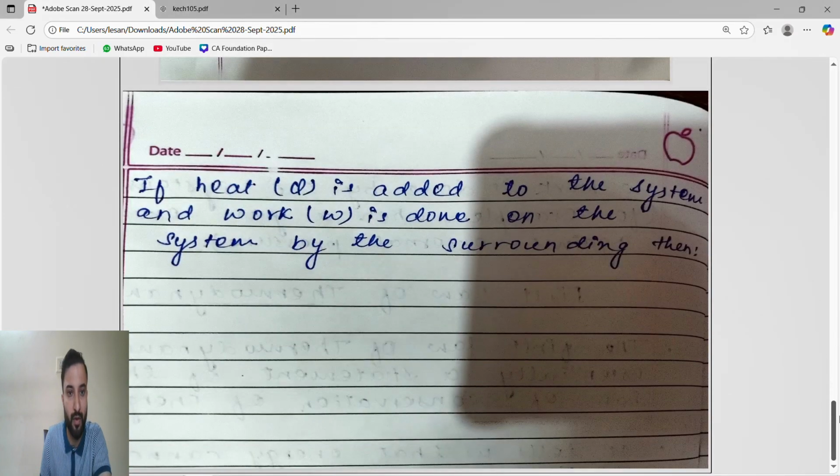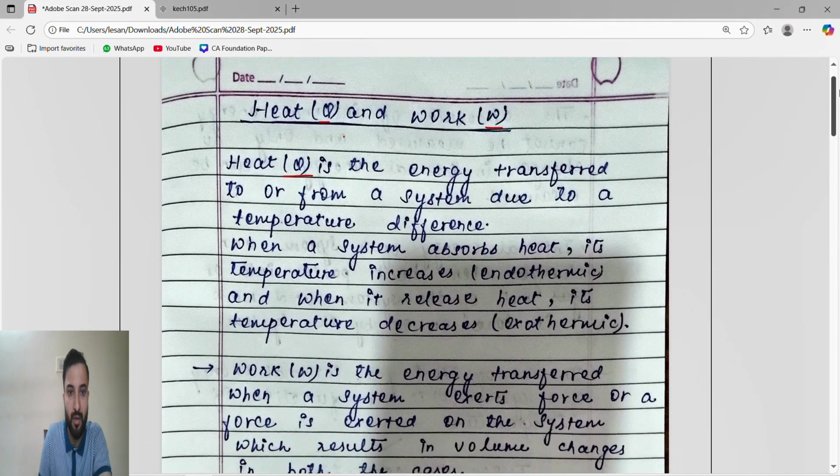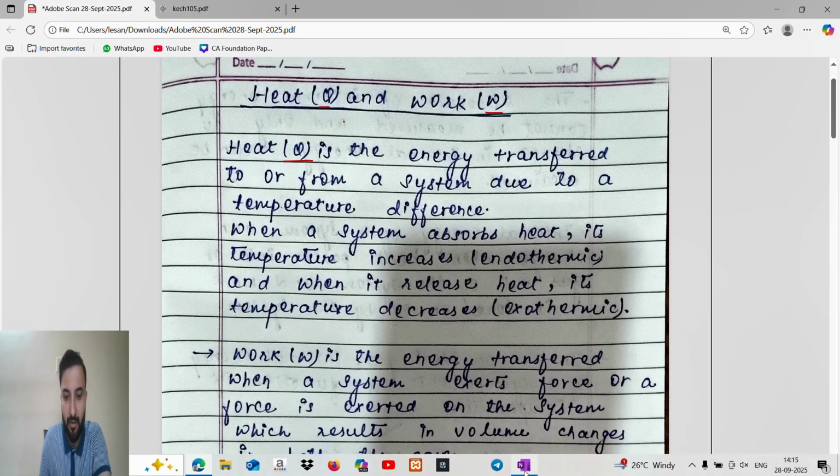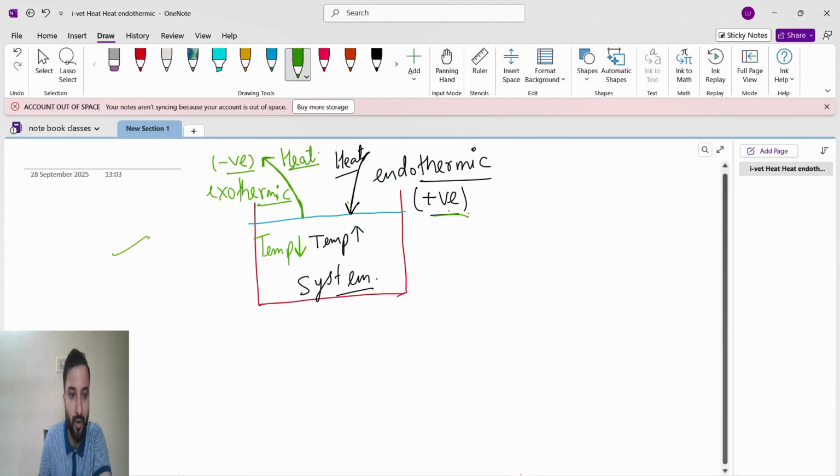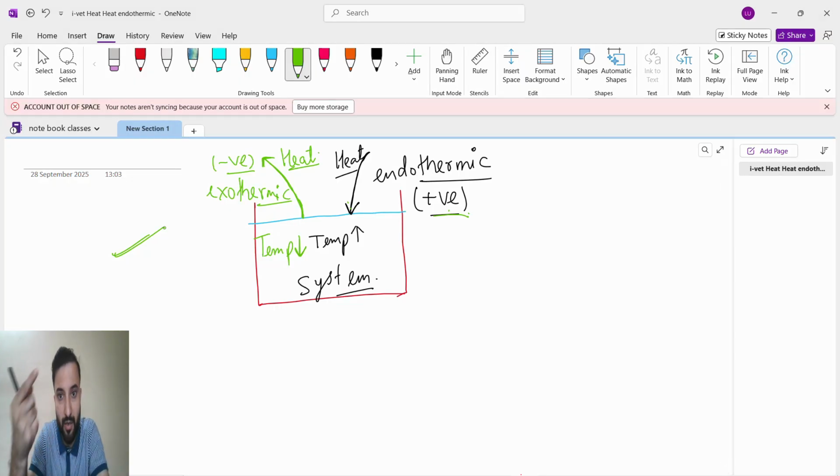And these are the diagrams that you have to draw. First write this, then draw the diagram. Don't start copying, then you will know when to draw the diagram and when not to.